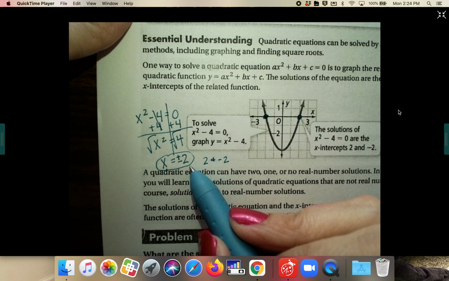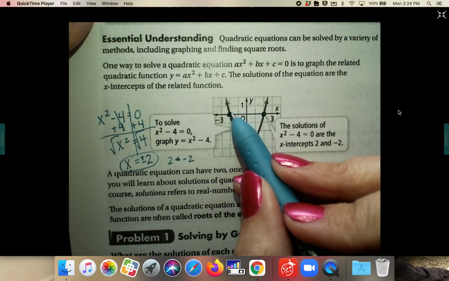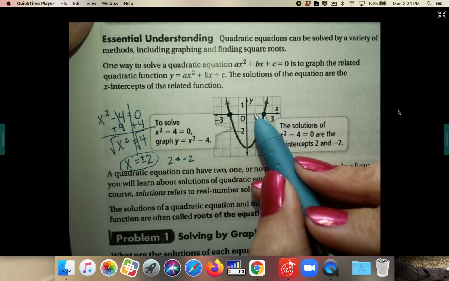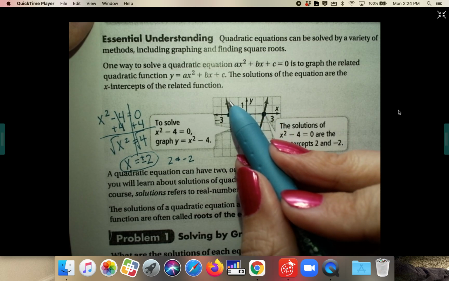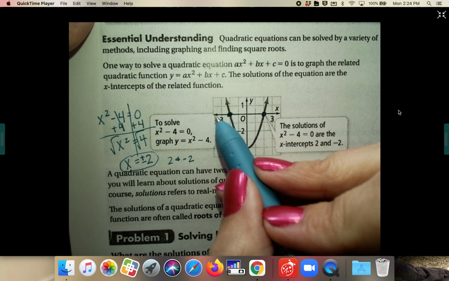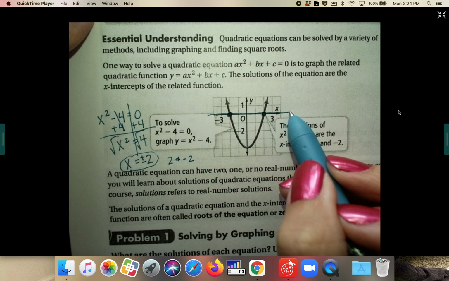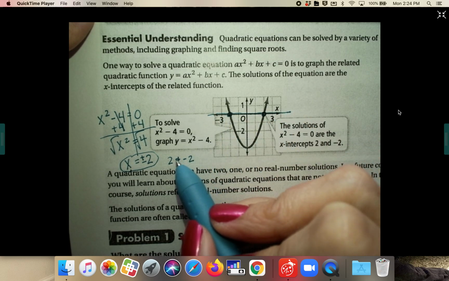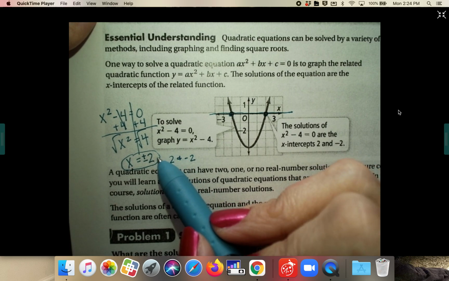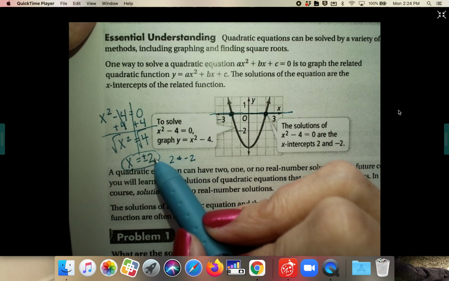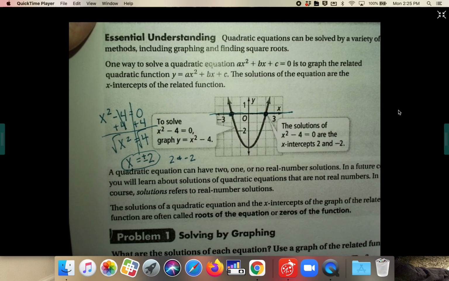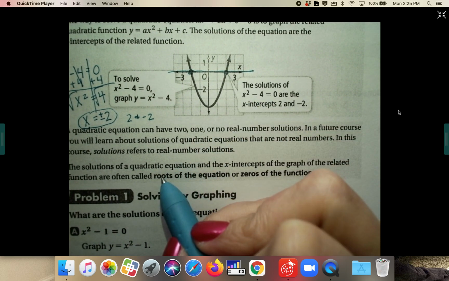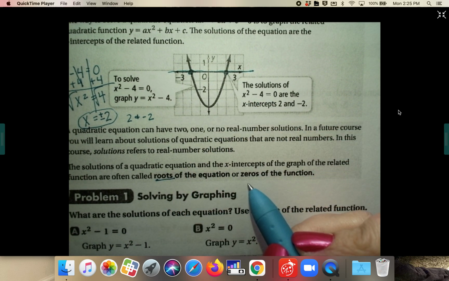And let's double check that. Negative 2, there's a dot. Positive 2, there's a dot. So on our parabola, where it crosses the x-axis is these two, and I'm going to call them roots or solutions to this quadratic equation.